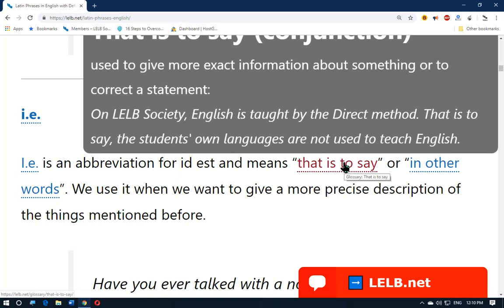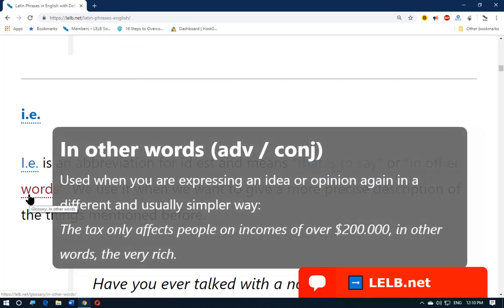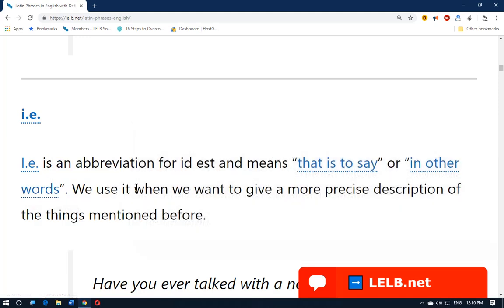That is to say means used to give more exact information about something or to correct a statement, or in other words, used when you are expressing an idea or opinion again in a different and usually simpler way. We use it when we want to give a more precise description of the things mentioned before.